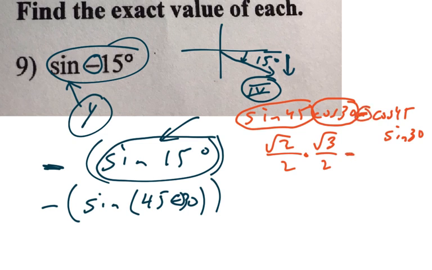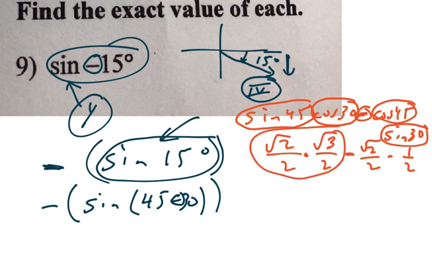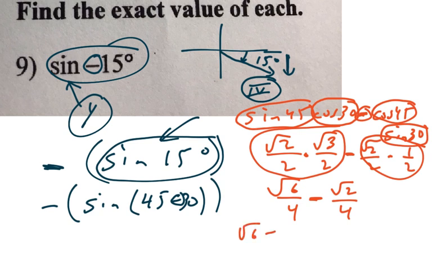We have a minus here. Now the cosine of 45 is square root 2 over 2, and the sine of 30 is 1/2. So multiplying these together, I get square root 6 over 4. Multiplying these together, I get square root 2 over 4. And we have a minus in the middle, of course. So this is the square root of 6 minus square root 2 over 4. But let's not forget this negative over here.